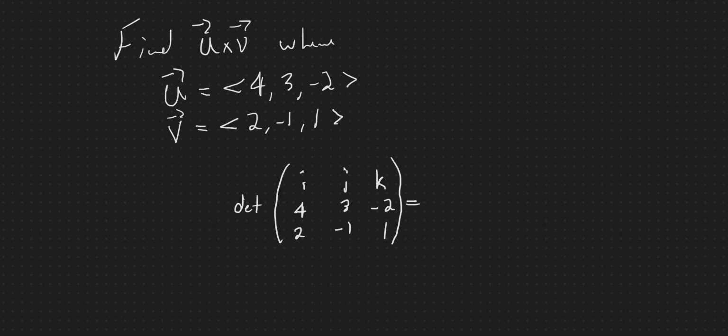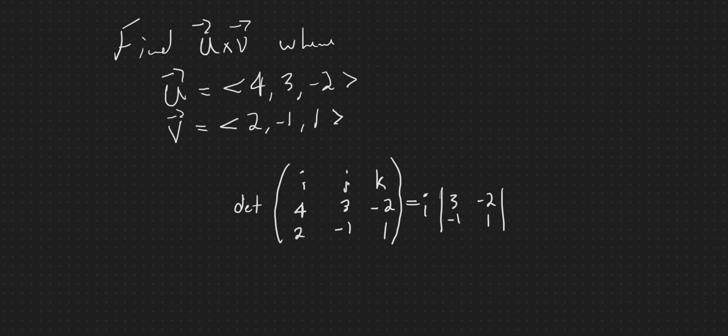So using cofactor expansion along the first row, that's going to be i times the determinant of this 2x2. Remember, cross out this row and column, look at the leftover 2x2, compute the determinant of that, and multiply it by row 1, column 1. So that is i times the determinant of 3, -2, -1, 1.